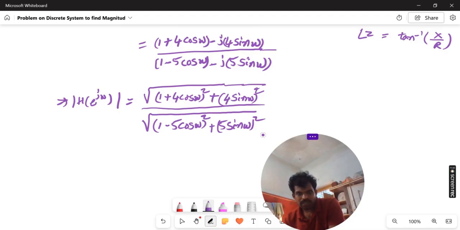Here minus 4 sin omega whole square means minus x whole square, x square. Here also minus 5. Okay, so by simplifying that part, in the first part it looks like (a plus b) whole square, that is 1 square plus b square.